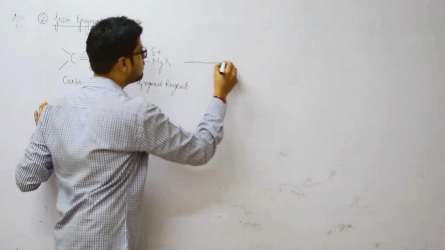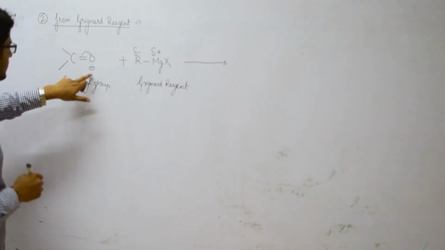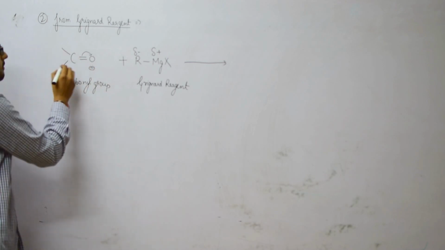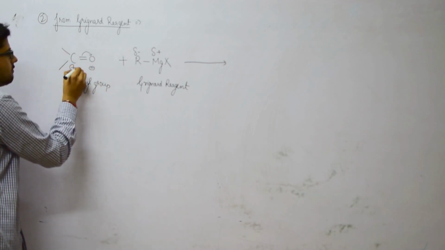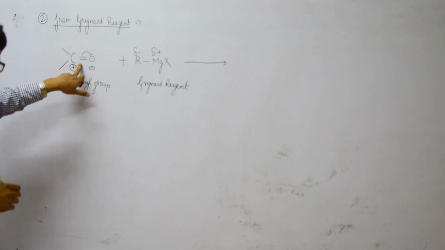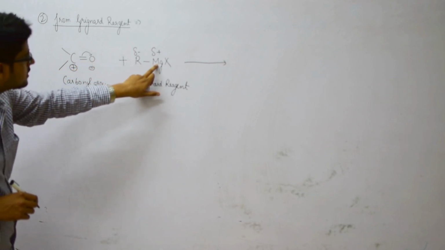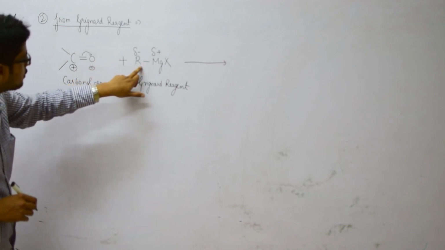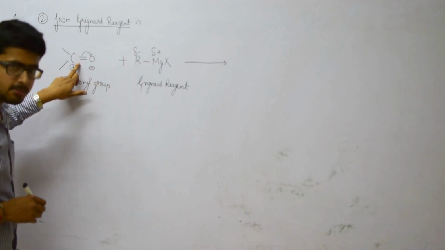So the next step would be, so this is having a negative part or carbon ion, and the same amount of positive charge would be developed at this carbon atom. So this MgX will be attached to this oxygen atom and this R group will attack this carbon atom.